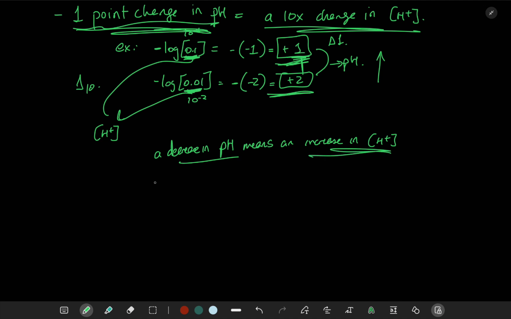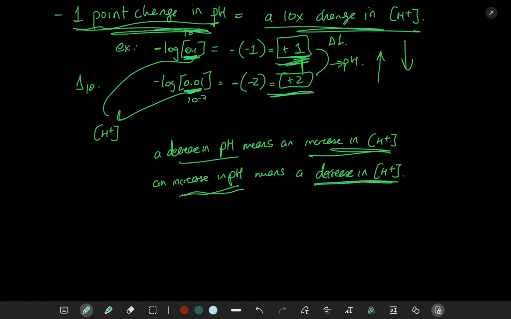On the flip side, if we have an increase in pH, that means a decrease in hydrogen ion concentration. Let's look at it again. We're going from a solution that is pH of 1 to a solution that's pH of 2, so you're increasing in pH, but the hydrogen ion concentration is going from a greater concentration of hydrogen ions to a lower concentration, so you have a decrease in hydrogen ion concentration.